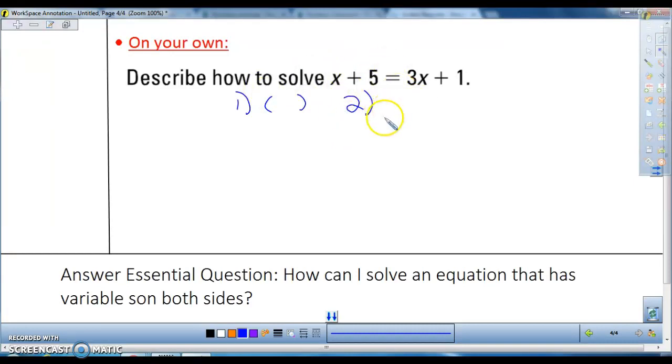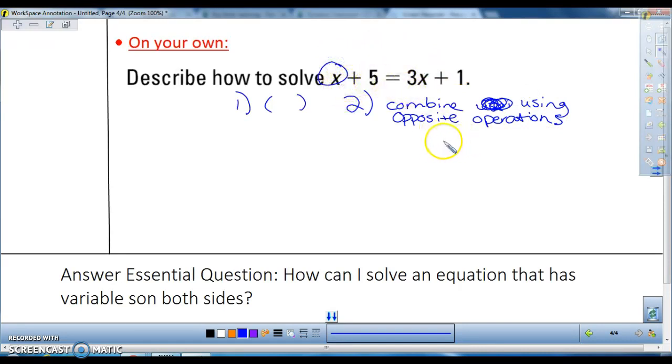The second step is to combine like terms on opposite sides using opposite operations. Okay, so we would want to take the opposite of a positive x, which is a negative x. So we're going to take away x from both sides.